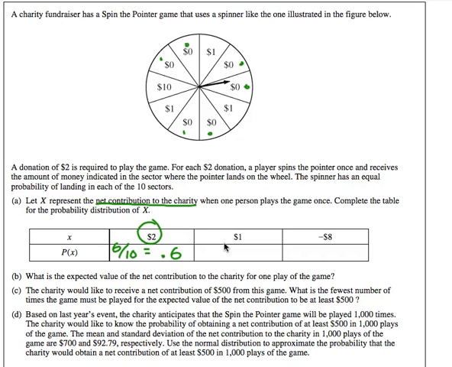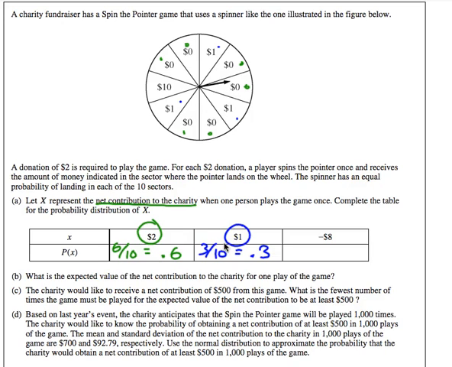For the charity to keep $1, that's talking about the person winning $1. So 3 out of 10 have the person winning $1. So 0.3, 30% of the time, the charity is going to get $1 back.